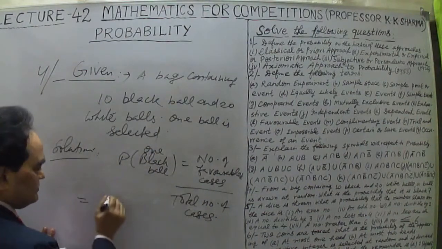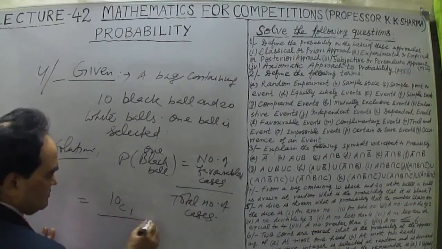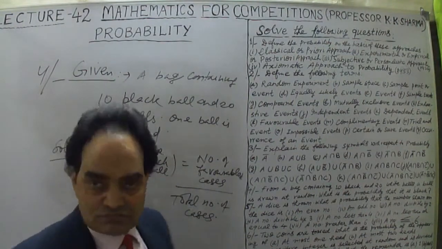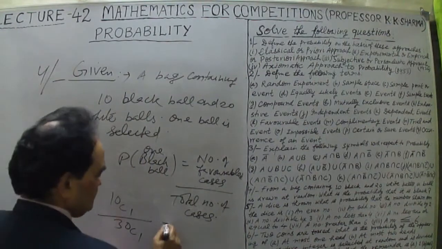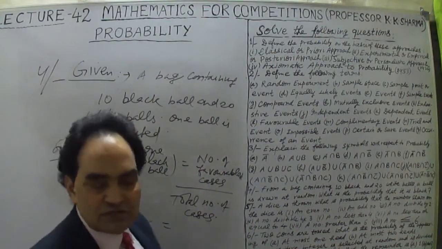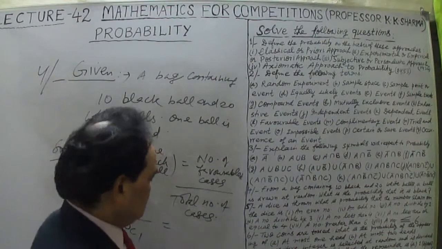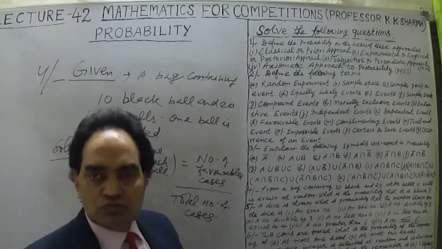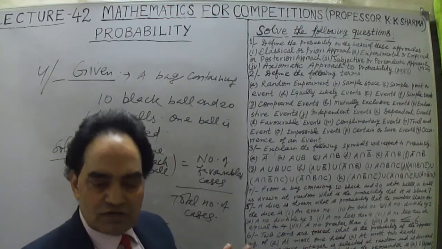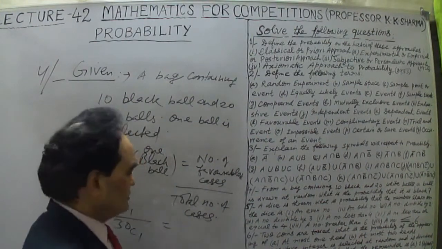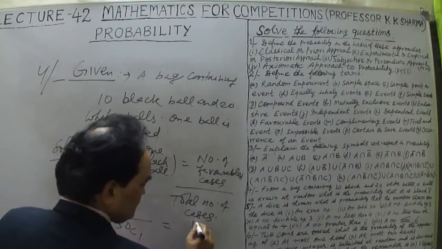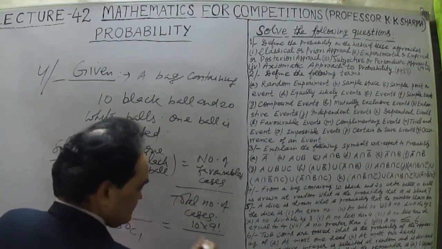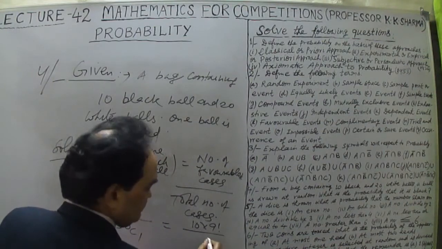So the favorable cases are 10C1 divided by 30C1. One ball is selected out of total balls, which is in the denominator. 10C1 means 10 factorial upon 1 factorial into 9 factorial. 10 factorial can be written as 10 into 9 factorial. So 10 into 9 factorial in the numerator, and the denominator will be 1 factorial into 9 factorial.